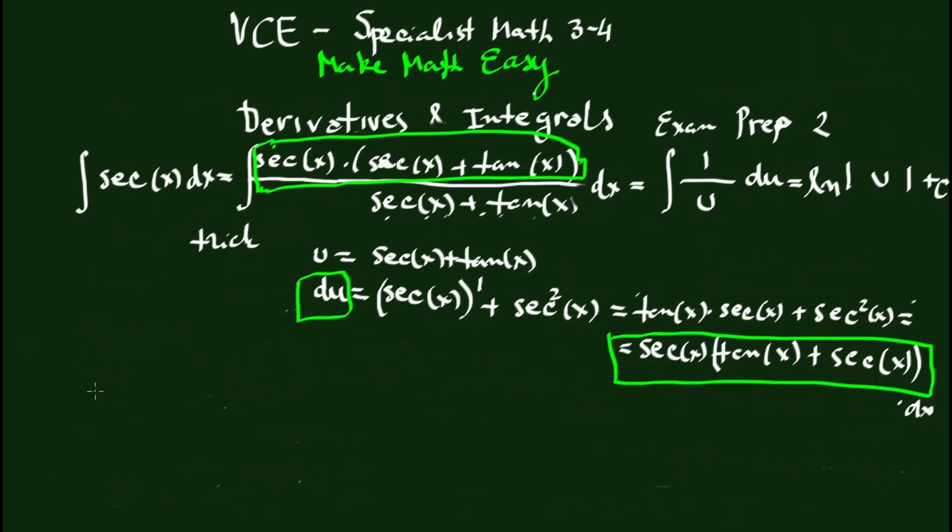And what does that become? Ln absolute value. What's our u? Secant x plus tangent x. Secant of x plus tangent of x, plus c. So it's a good one to remember, for future work, it can be useful.